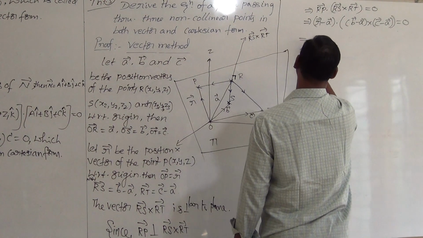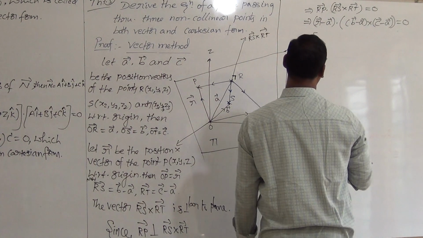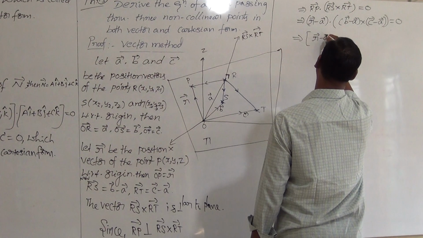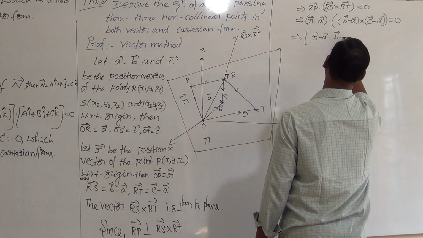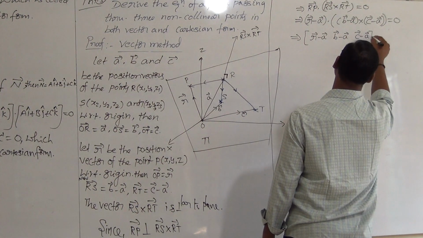This can also be written using the triple product of three vectors, that is R bar minus A bar, B bar minus A bar, C bar minus A bar is equal to 0.